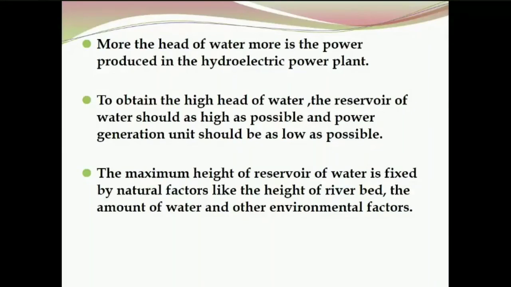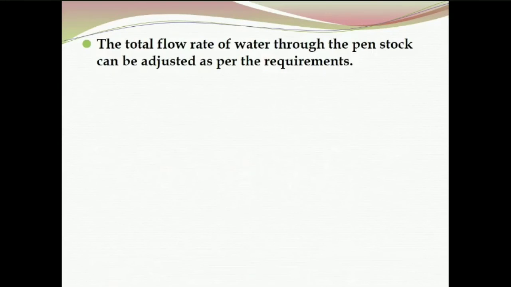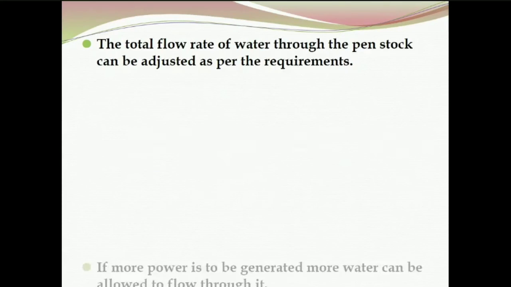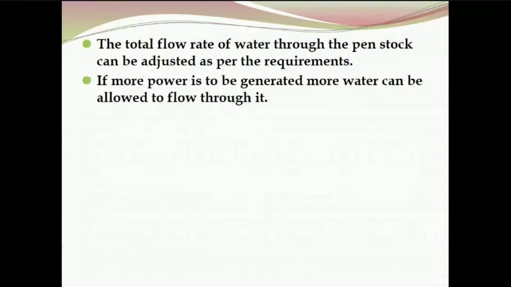The maximum height of the reservoir of water is fixed by natural factors like height of river bed, the amount of water and other environmental factors. The total flow rate of water through the penstock pipe can be adjusted as per the requirements. If more power is to be generated, more water can be allowed to flow through it.